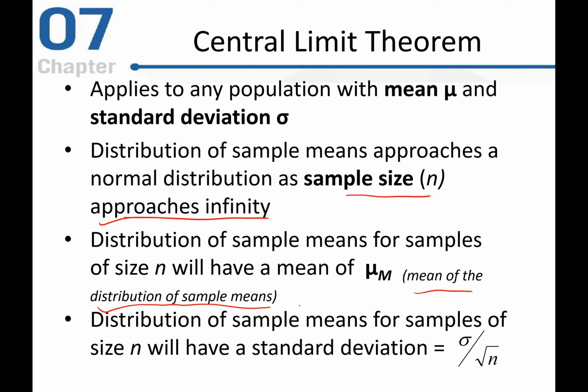And so the distribution of sample means for samples of a certain size will have a standard deviation that is calculated like this, which is going to be the population standard deviation divided by the square root of the sample size.